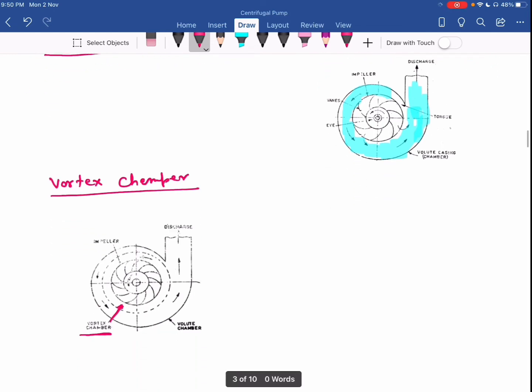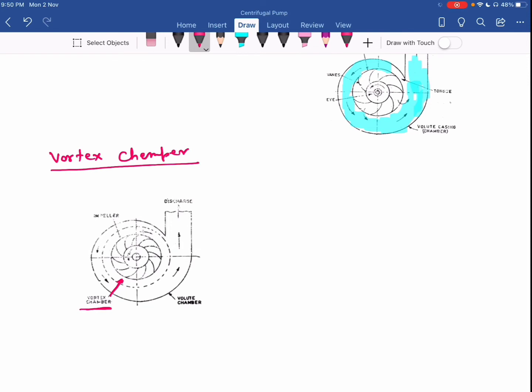The rotation in the vortex chamber is free vortex motion.